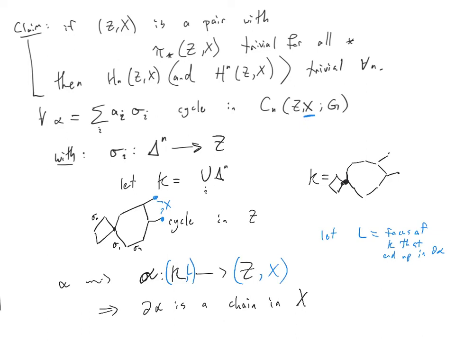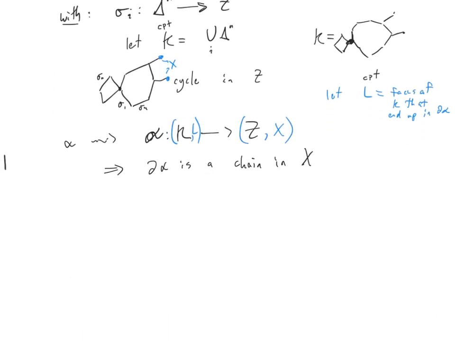L and K are both compact, because they're a union of a bunch of simplices. This is fantastic, because K relative L is a CW complex, and pi star of Z, X is trivial always.